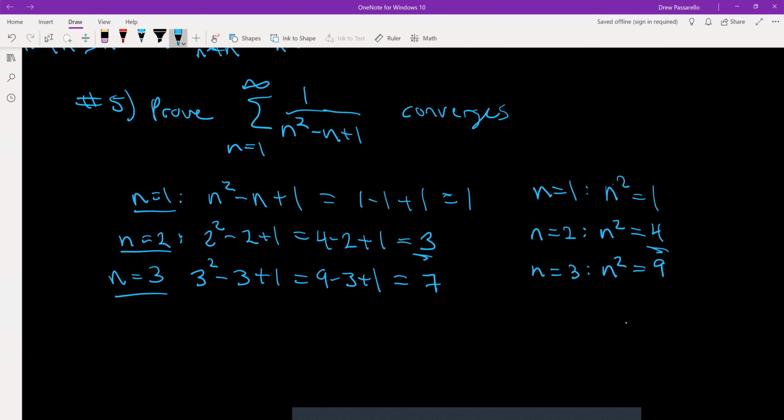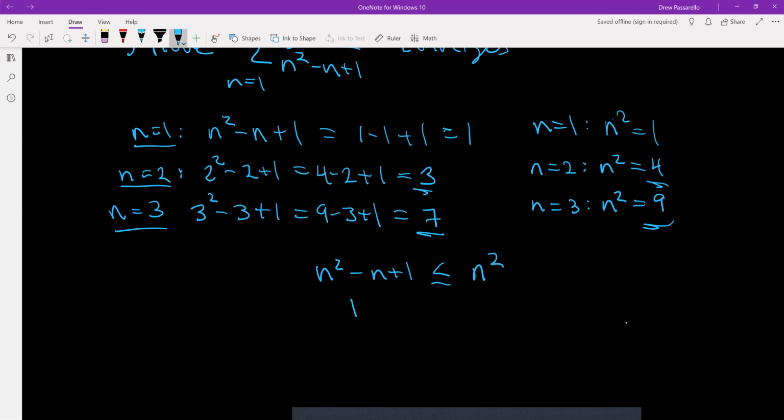And then comparing 3, we have 7 versus 9. And so we would have n squared minus n plus 1 to be less than or equal to n squared, which would mean the reciprocals would be that. And I can't use the comparison test with n squared then, because I need it in the opposite reverse direction.